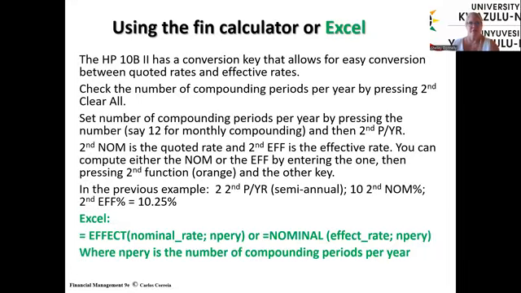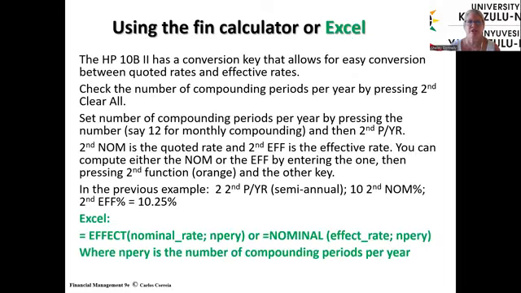Now, when we use our calculator, we've got a very easy method of converting a quoted or nominal rate to an effective rate and vice versa. Firstly, you should check your PYR setting. Just clear all and you'll see what it's set on.